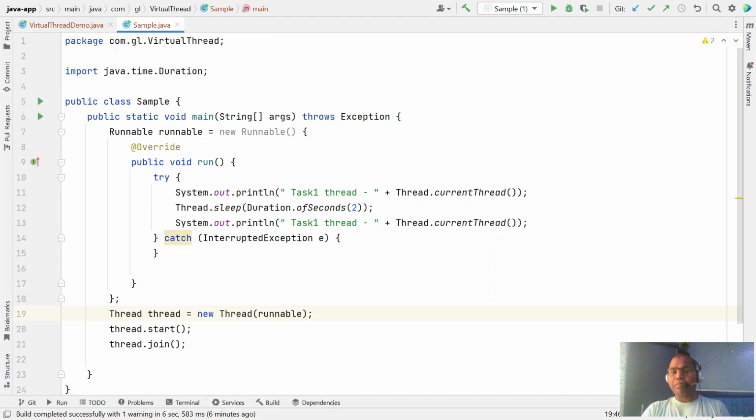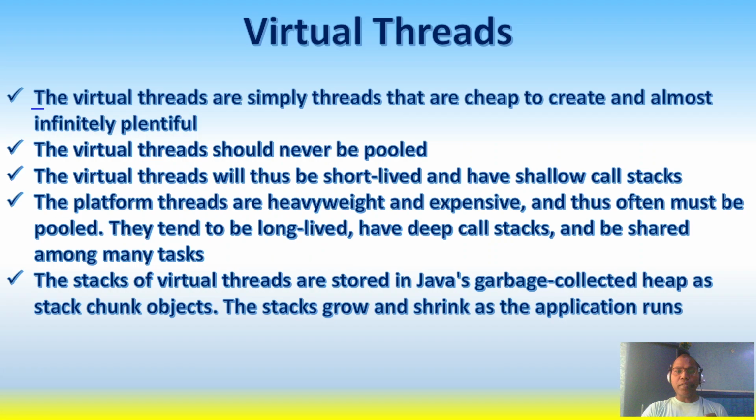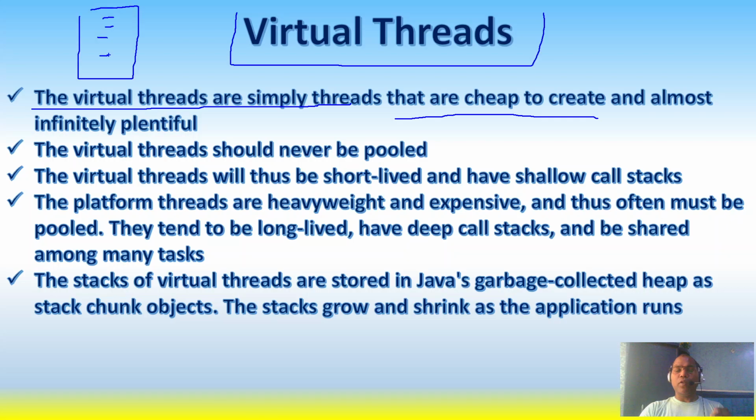Okay, so virtual threads are simply threads that are cheap to create, and you can create almost any number of them, because whenever you create a virtual thread, it is a Java thread, not an operating system thread. In the JVM or JDK you can create any number of threads, because for creating virtual threads you are not directly demanding an operating system thread.